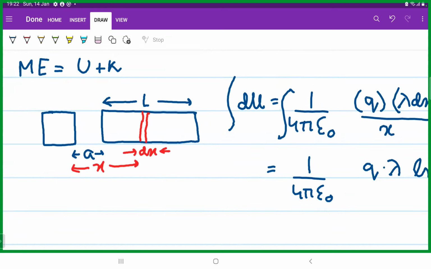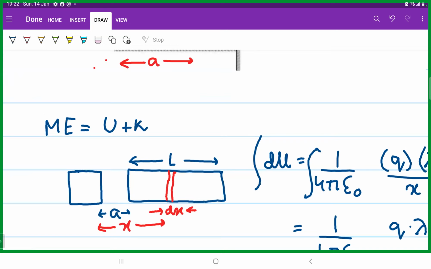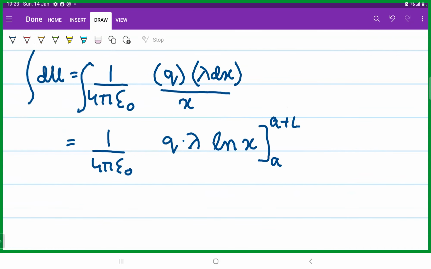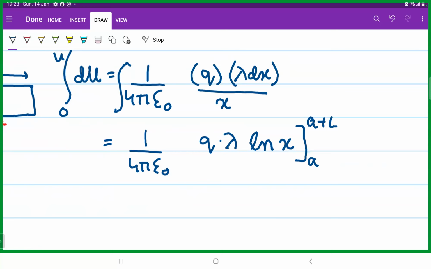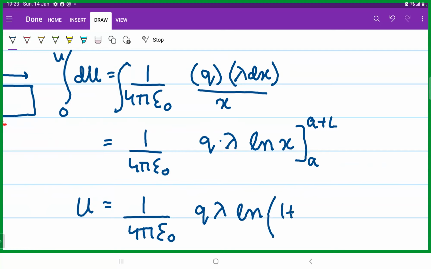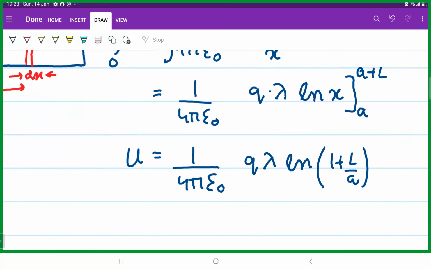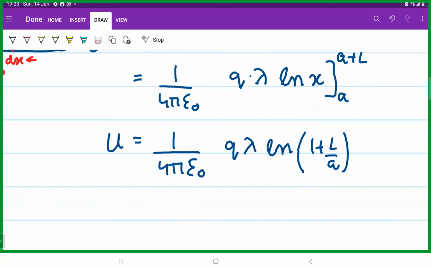The smallest distance between this block and this rod is A, and the maximum distance is A plus L. So that is what my limits are going to be, and this will be from 0 to U at the upper end. So this U will become equal to 1 by 4 pi epsilon naught q lambda ln(1 plus L by A). Now we apply the law of conservation of mechanical energy.